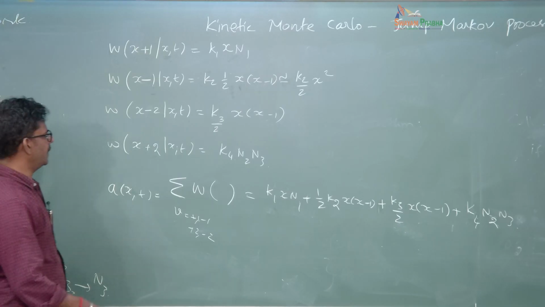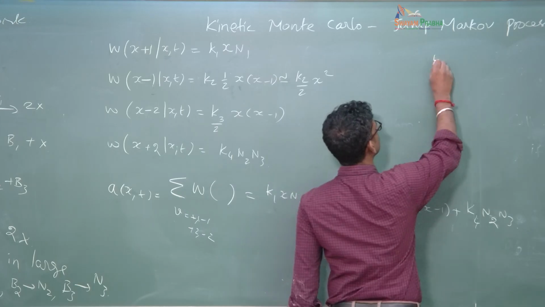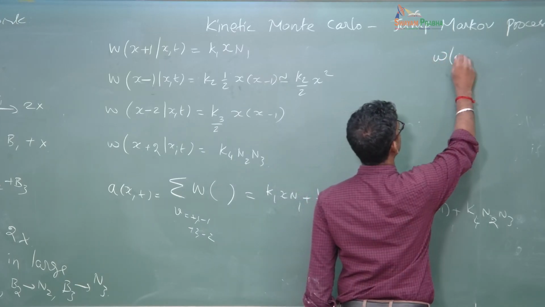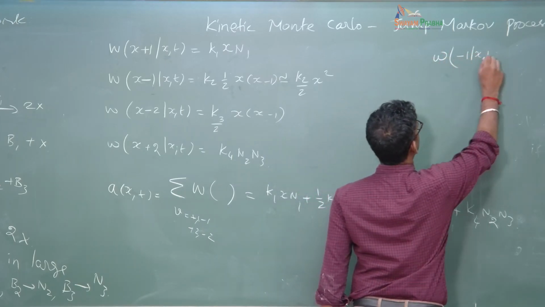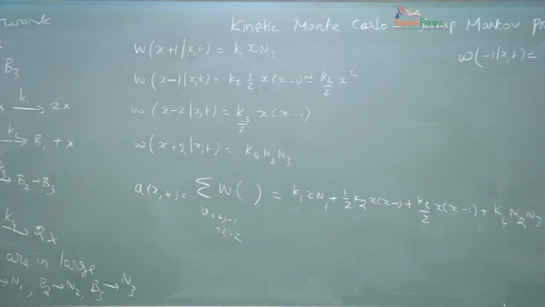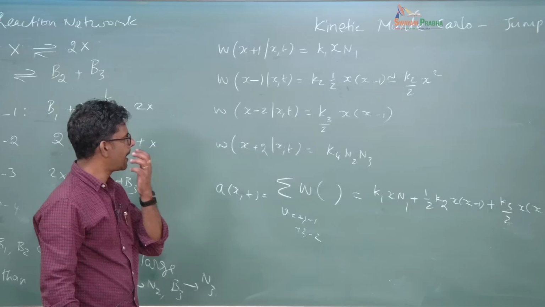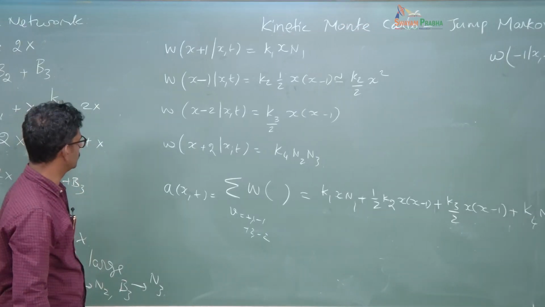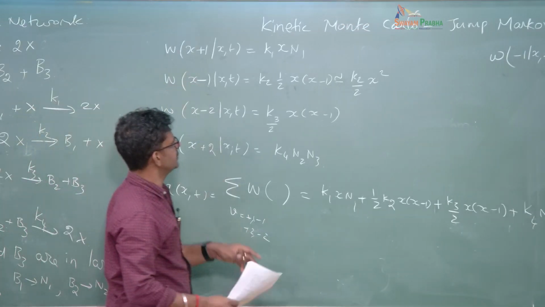So now we can define the probability for this minus 1 to happen, which is this.